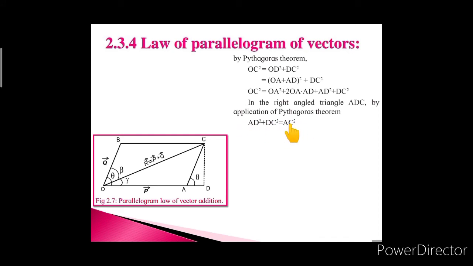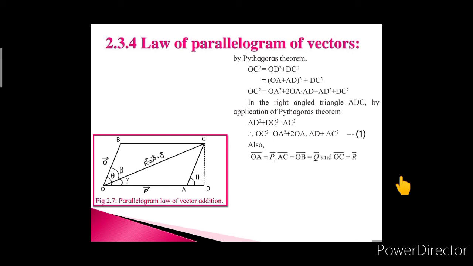We can write AC square in the equation for OC square, as it has the term AD square plus DC square. So OC square is OA square plus 2 OA into AD plus AC square. Give it as equation number 1.